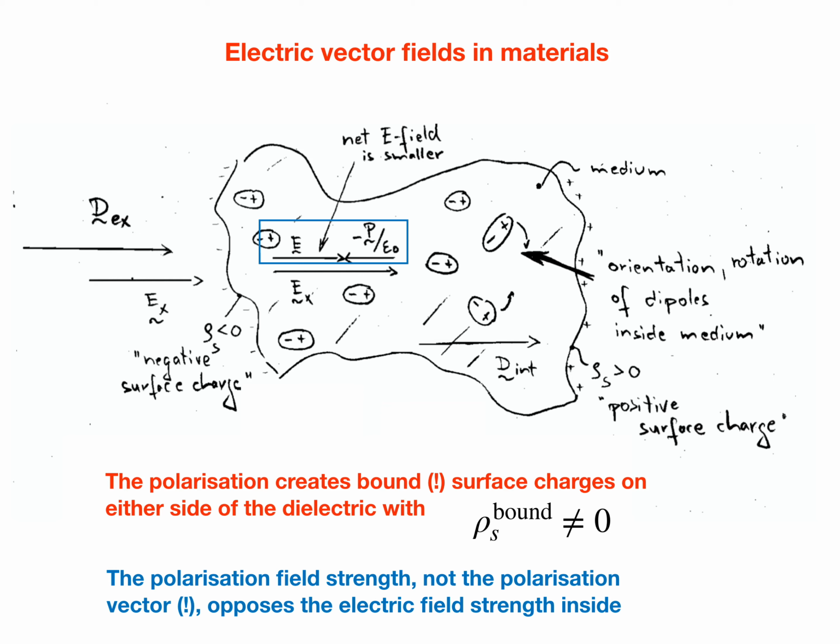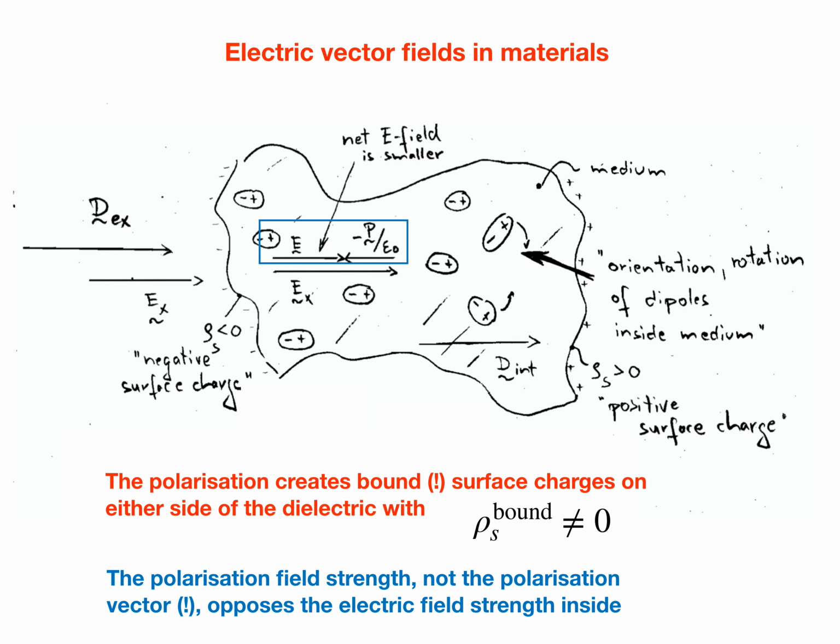The polarization field is equal to minus polarization vector divided by epsilon naught, and because it is antiparallel to the electric field strength, the net electric field strength inside the material is smaller than the external electric field strength. This does not directly affect the internal electric flux density because the permittivity constant inside the material is different from the outside.